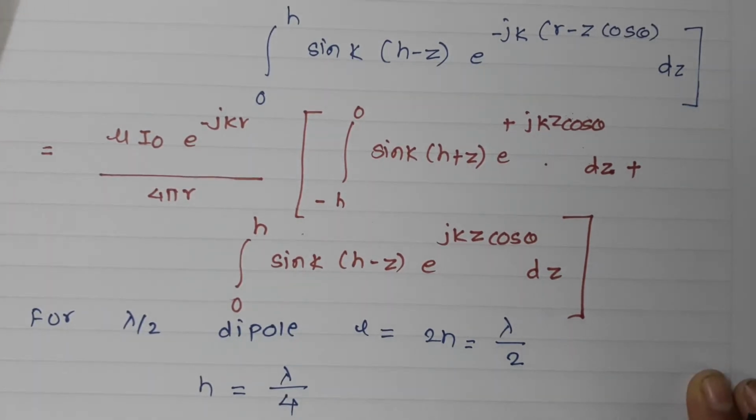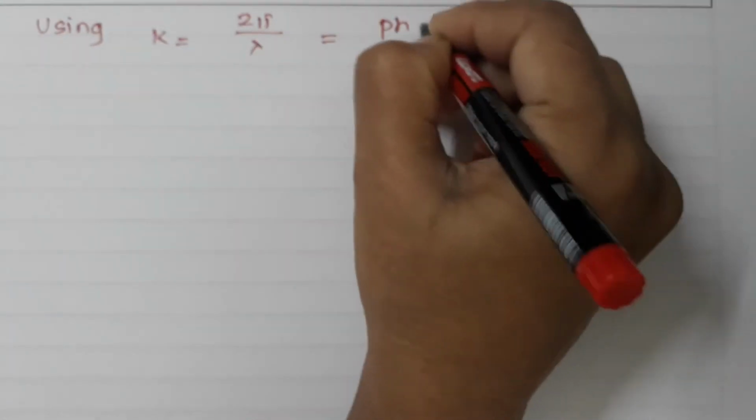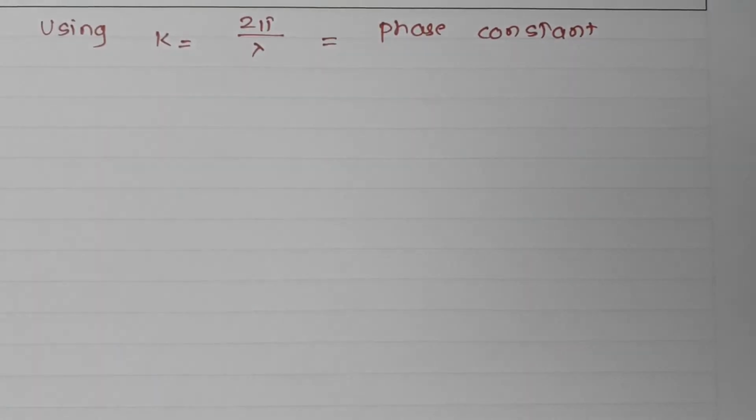Now we know that k is the phase constant, which is equal to 2 pi by lambda. So using k equal to 2 pi by lambda, the phase constant, we will reduce the above equation. Let us solve this particular equation.